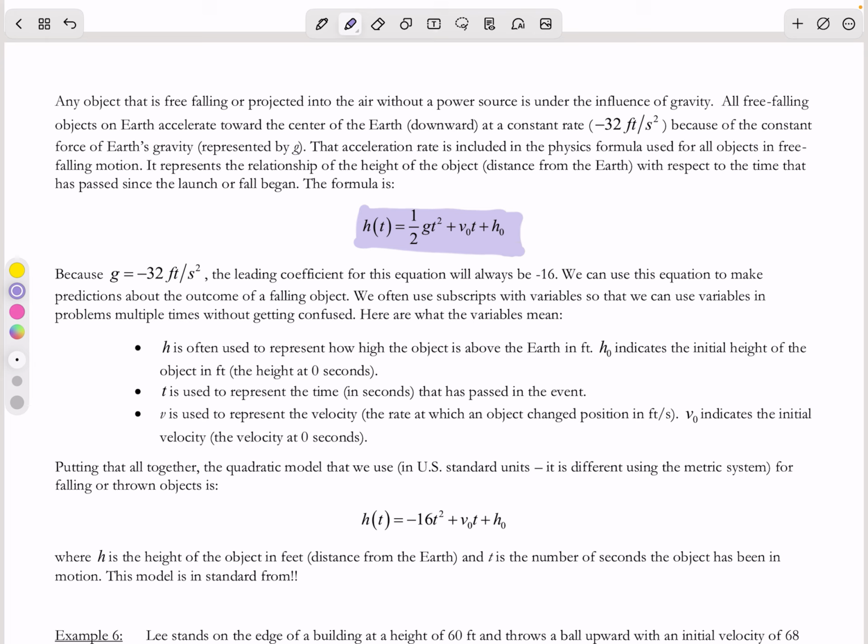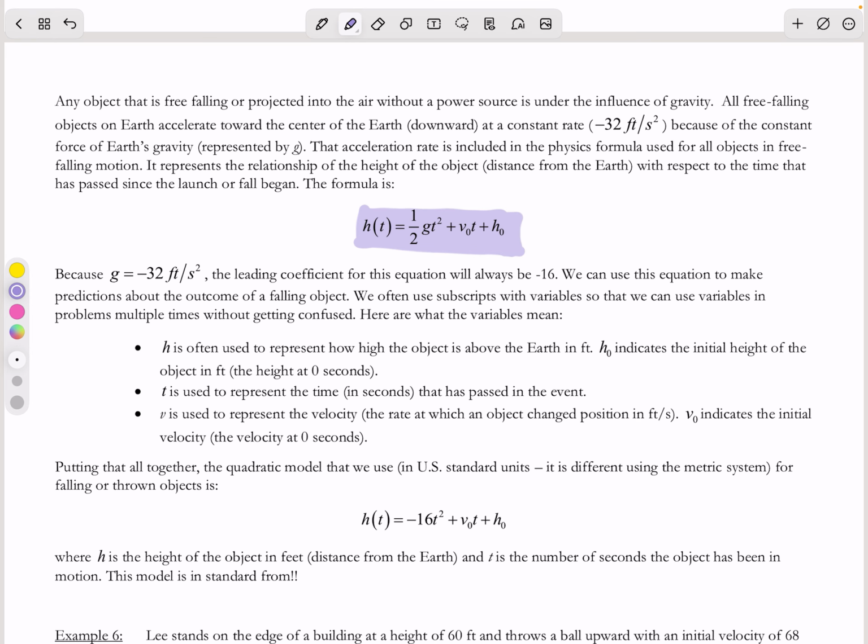Those objects are considered in free fall because you can't throw it hard enough that it will never come down. So eventually what happens is you throw the thing up in the air and the force of gravity eventually slows it down and then makes it go into free fall.